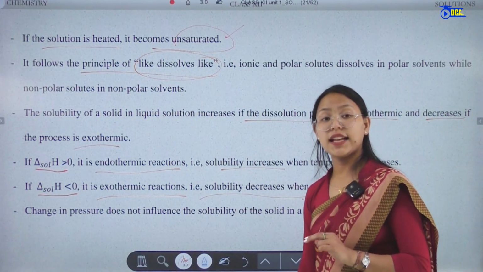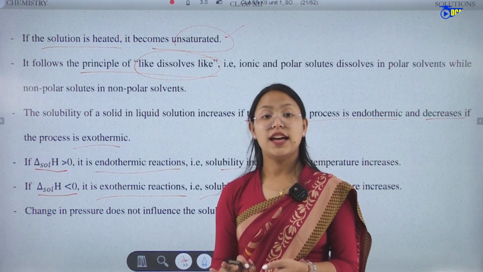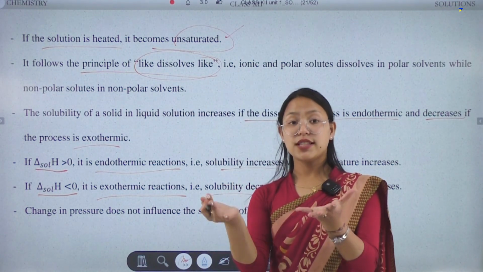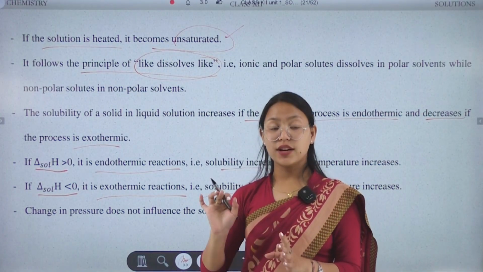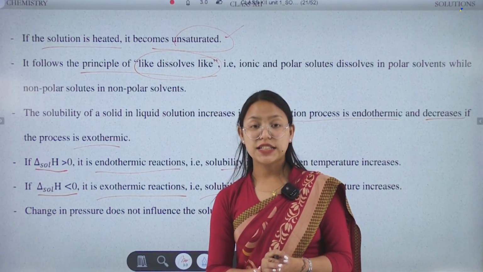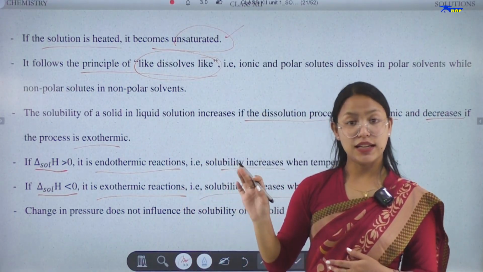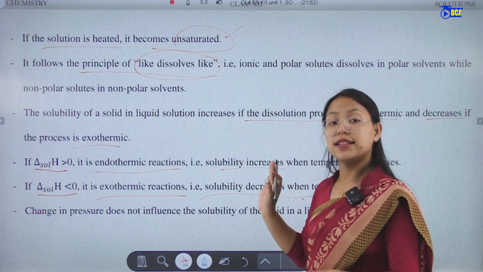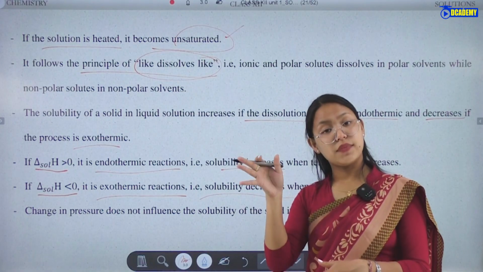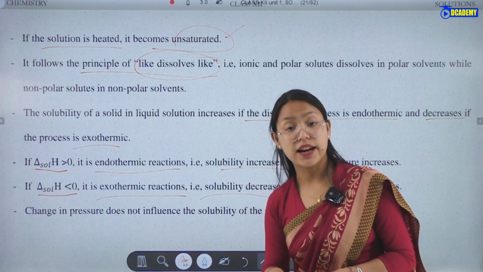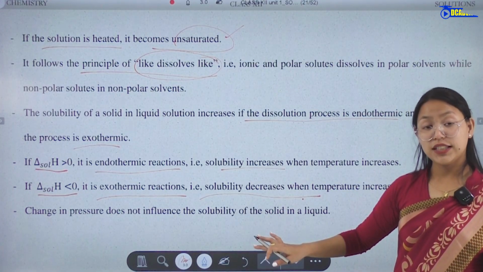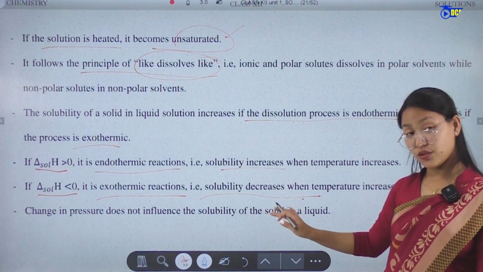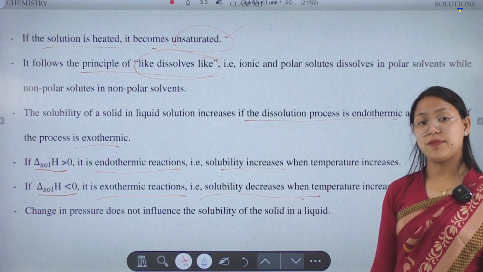So here we can get a concept of energy. When energy is absorbed and the enthalpy value is greater than 0, the solubility will increase. But in case it is exothermic and the enthalpy decreases, below 0, the solubility of the solution decreases.